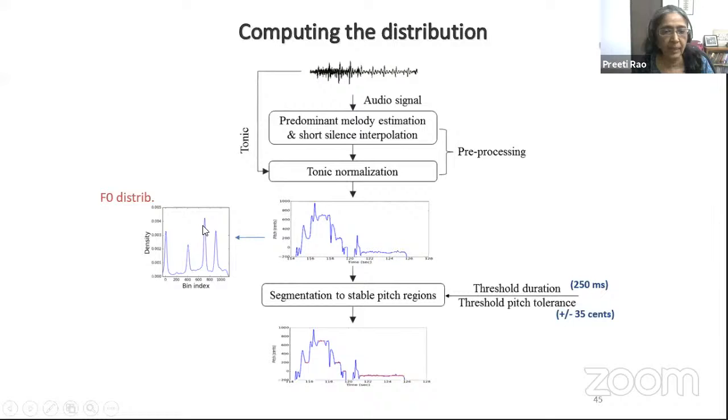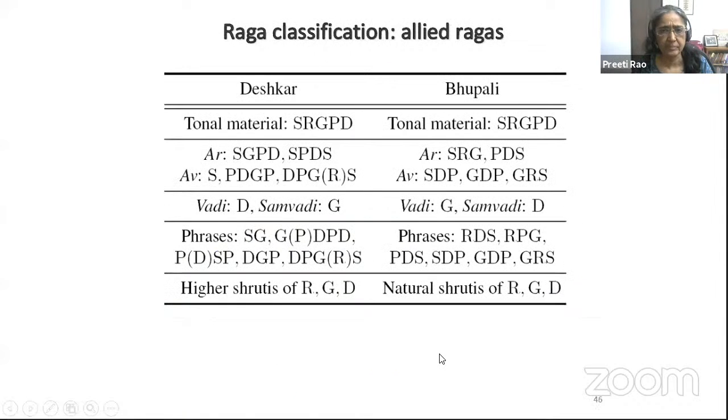So for example, we find the bin at 700 is the highest, which typically refers to the pa note. And then we see, for example, that there are only 4 prominent notes being used in this particular excerpt that we've analyzed. We could also take the notes and then show a more discrete representation where we might want to then label them in terms of the actual notes of the scale.